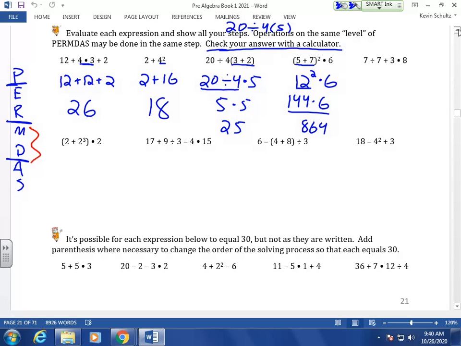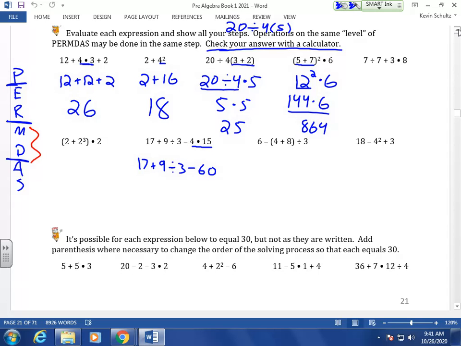Oof. Okay. So what operations do we have here? We've got addition, division, subtraction, and we are multiplying. What gets done first? Okay. I'm going to multiply, and that gives me 17 plus 9 divided by 3 minus 60, which is 4 times 15.